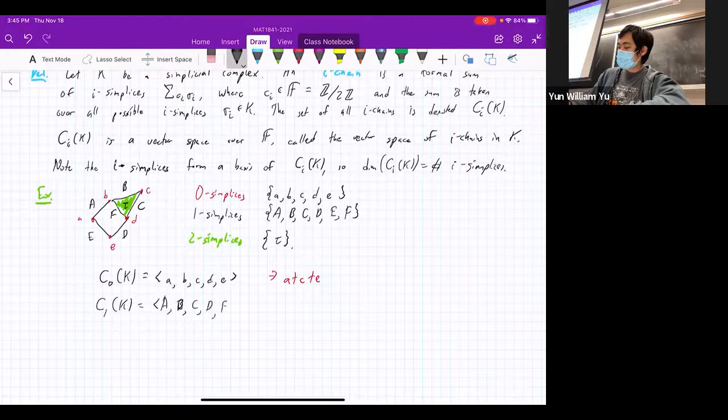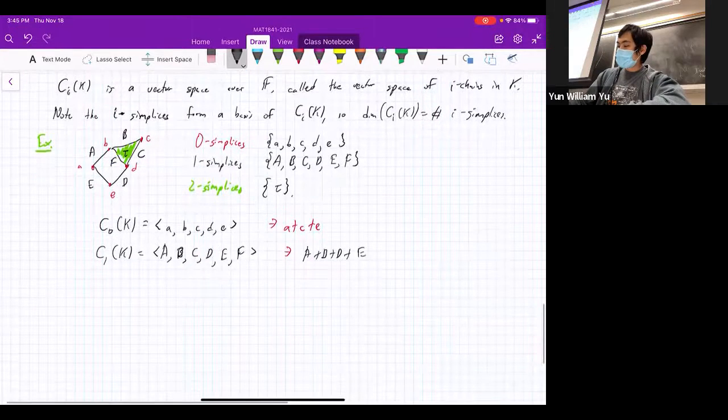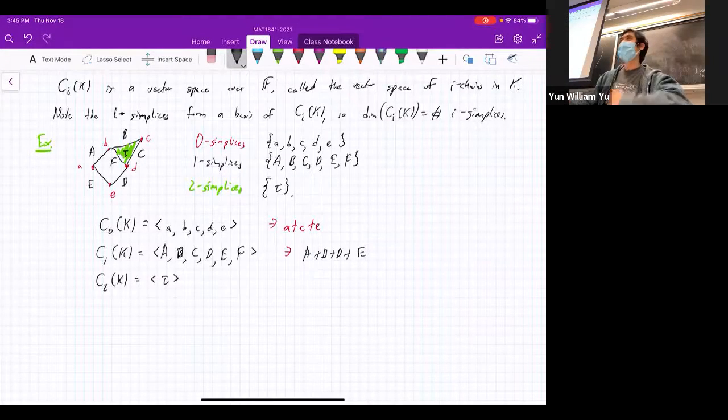And so maybe you have something like A plus B plus D plus E. Okay, and C2 is going to be pretty boring because that's just the vector space generated by a single element. And of course, since we're working over the field of order 2, the only elements in this are 0 and tau. So, yep.